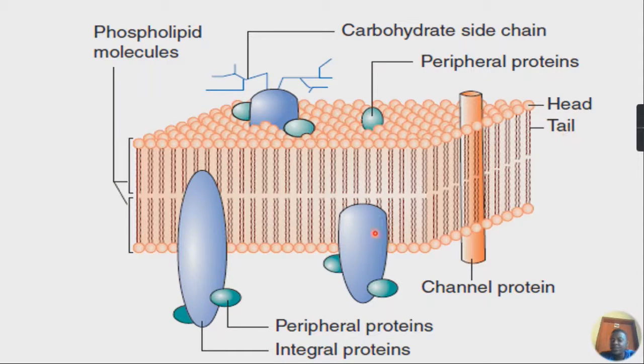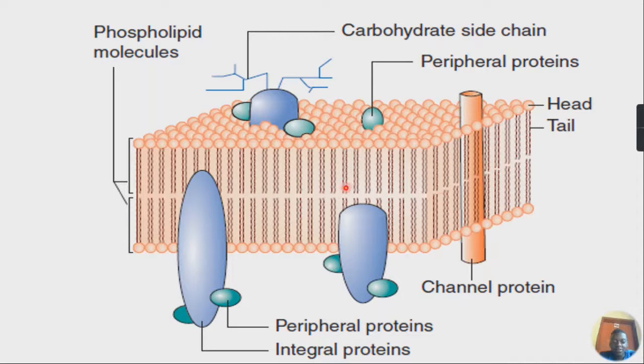You see here, the proteins are scattered in a mosaic pattern, have carbohydrate side chain here on this protein, have proteins at the periphery and proteins which are traversing through, which are crossing the cell membrane. You can see this channel protein here. You have these peripheral proteins, you have this integral protein, and you have phospholipid molecules. It is a bilayer. There is this layer, and there is also this layer here, bilayer.